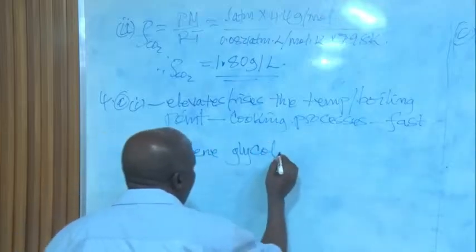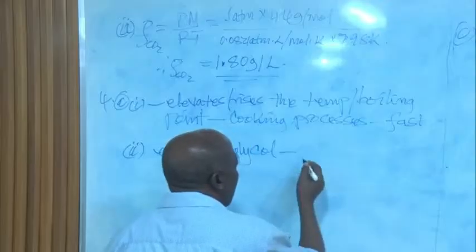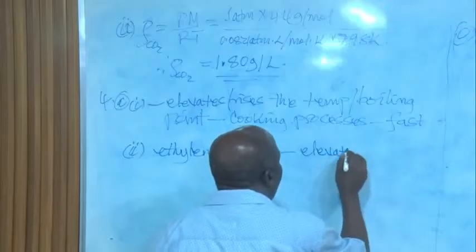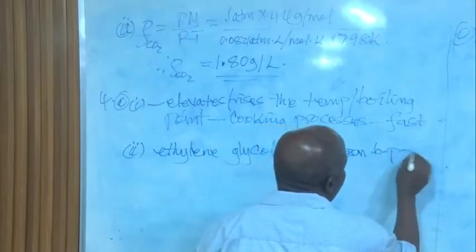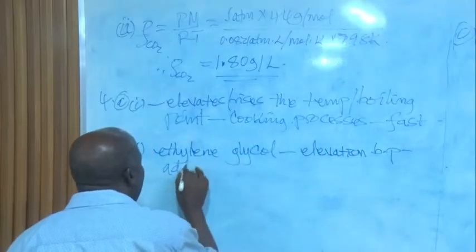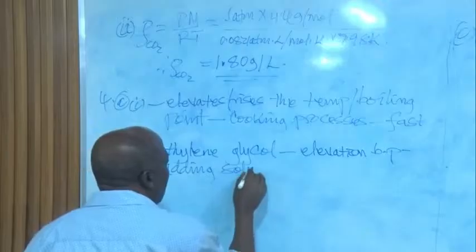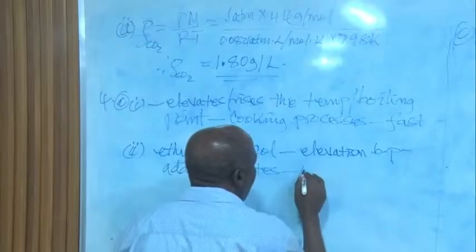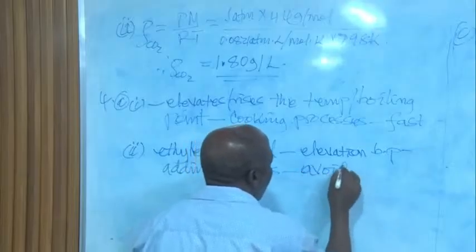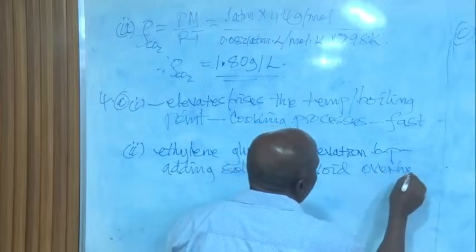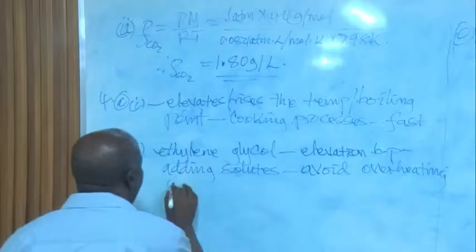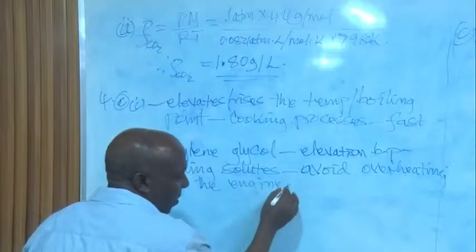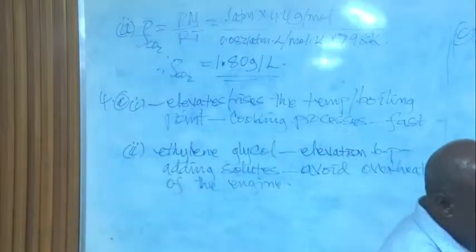So the application here is the elevation of boiling point, done by adding solutes, which raises the temperature, to avoid overheating of the engine. So this is very important in automobile engineering.